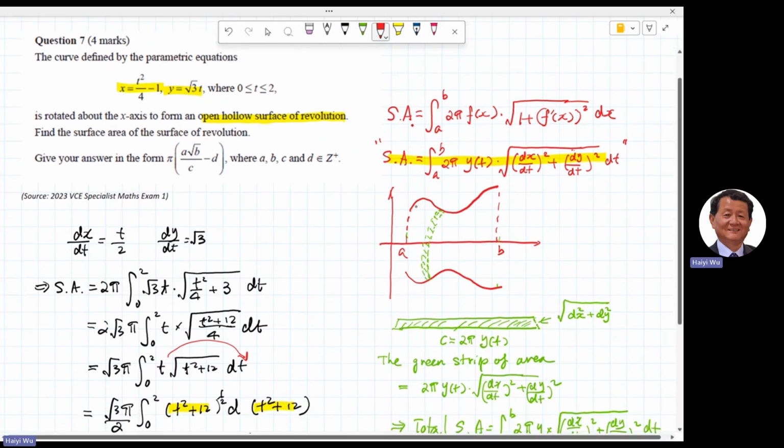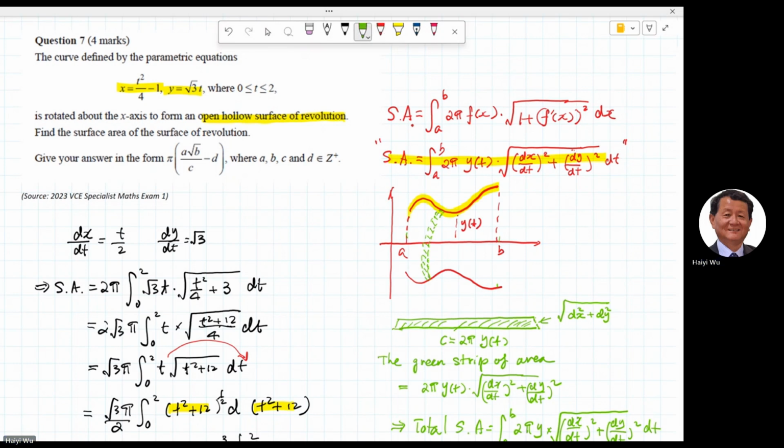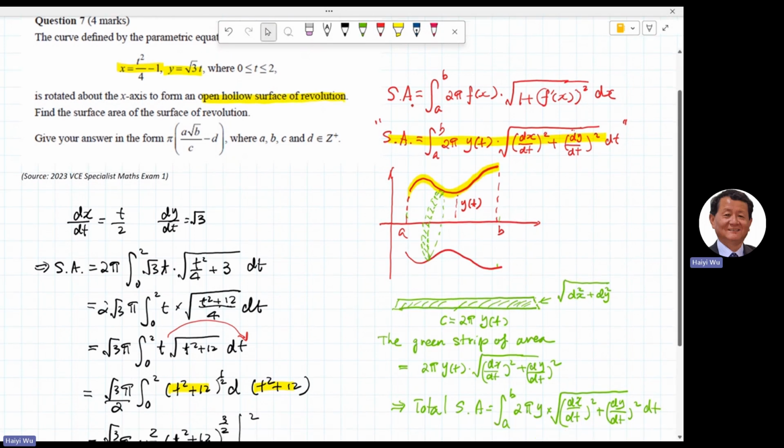Say I have a curve, whatever the shape is. We know the vertical is y, which is the radius of the circle. So how do we find the surface area, not a volume? We cut that green strip off, so it's flat.